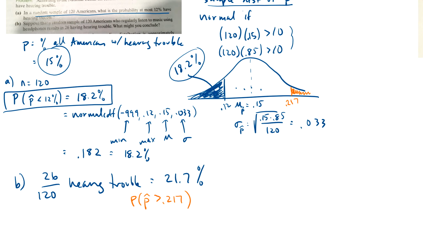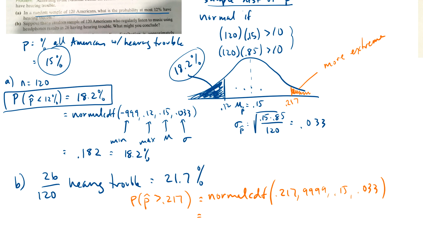Okay, more extreme, right? So this right here is more extreme. So I'll do normal CDF, minimum, or lower bound, upper bound, something really large, the mean, and the standard deviation.